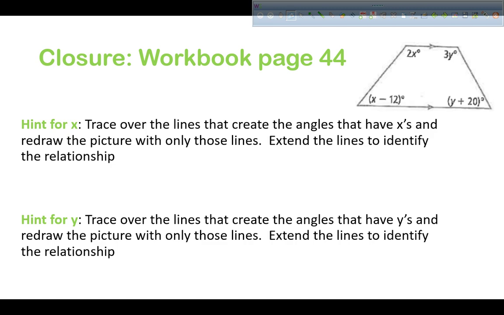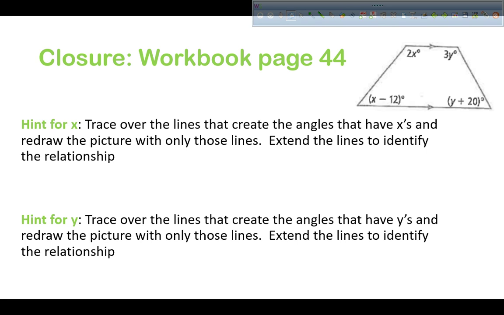I don't see it anywhere. Go to the back of your workbook. I don't know where it's at. Just copy this image down. It's pretty easy to copy down. So on the back of your workbook, just draw that image.